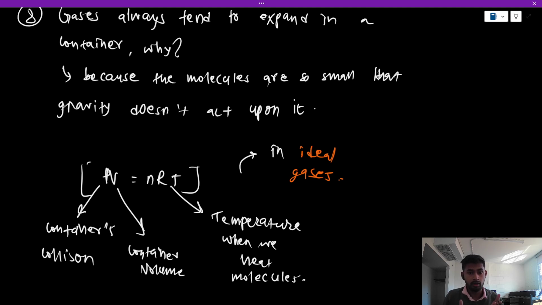But what we have to consider, based on the postulates for ideal gases, is the container's collision, which is the pressure of the molecules, the container's volume, and temperature when we heat molecules, nothing else.